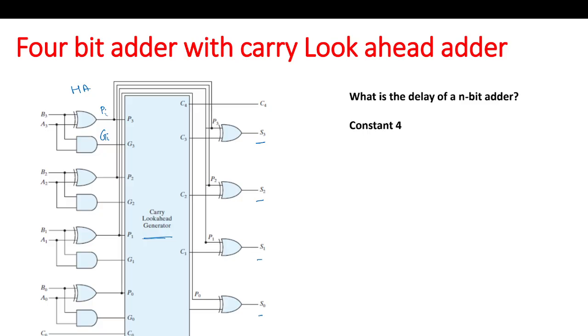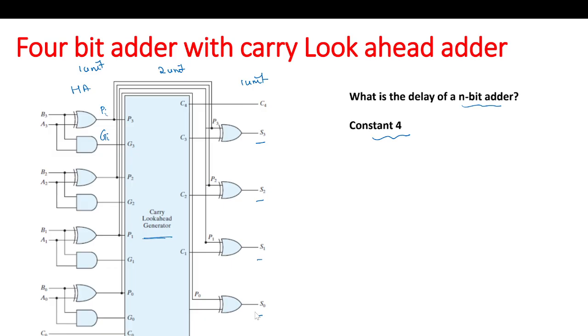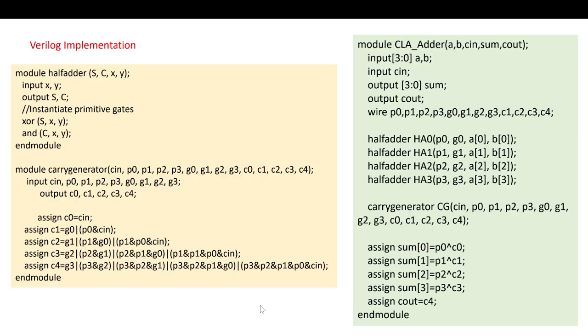So now we have a delay of 4 whatever be the inputs, because this stage has 1 unit delay, and this stage uses 1 unit of delay. This stage uses 2 units of delay, because this is level 1, level 2. So 2 units of delay. So total 4 units of delay.